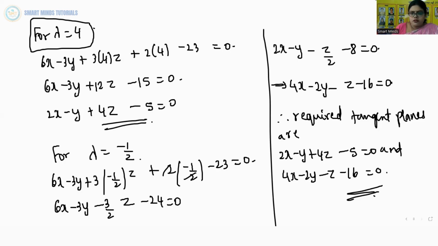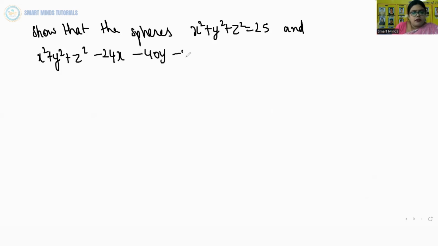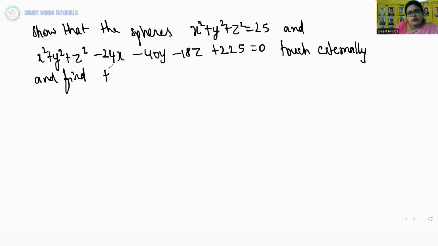Now take the next question. This question is very, very important. Show that the spheres x square plus y square plus z square equals 25, and x square plus y square plus z square minus 24x minus 40y minus 18z plus 225 is equal to 0, touch externally, and find the point of contact.